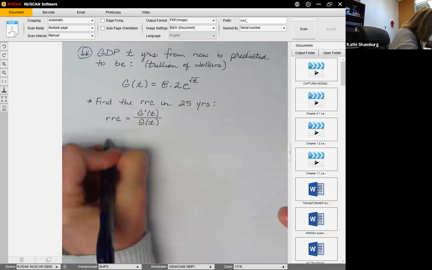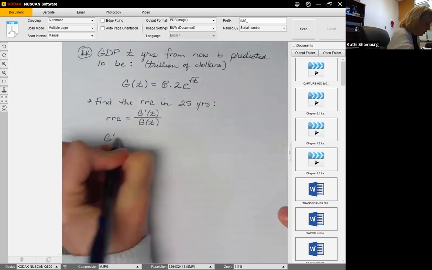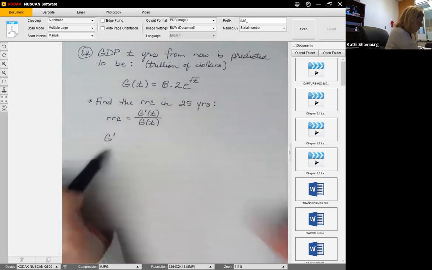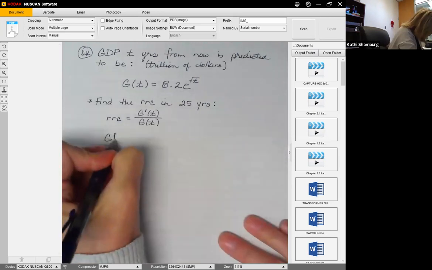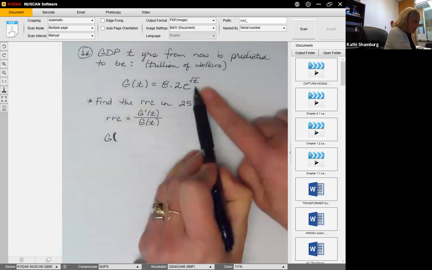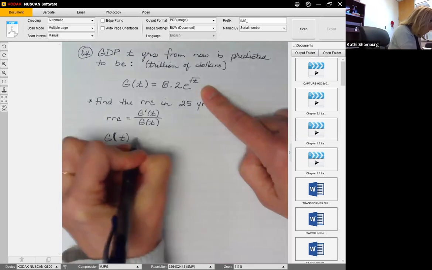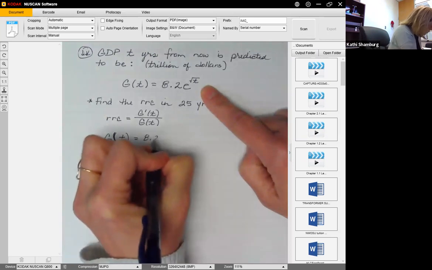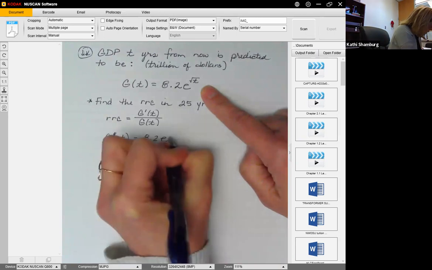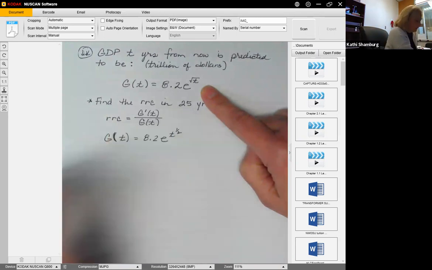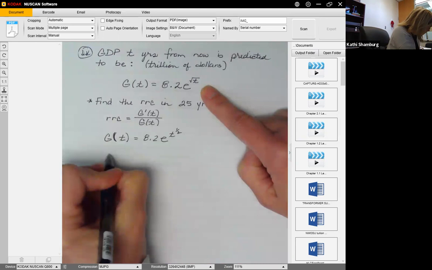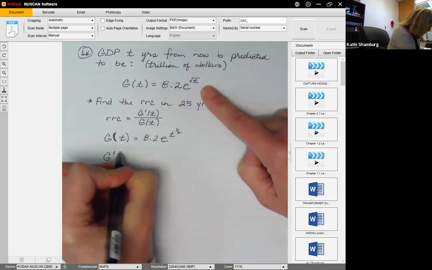Oh, but wait, before I find the derivative, I'm going to pause. Why? Because I am going to rewrite this as t to the 1/2. So all I'm doing is rewriting the original function. So it's going to be 8.2 e to the t to the 1/2.